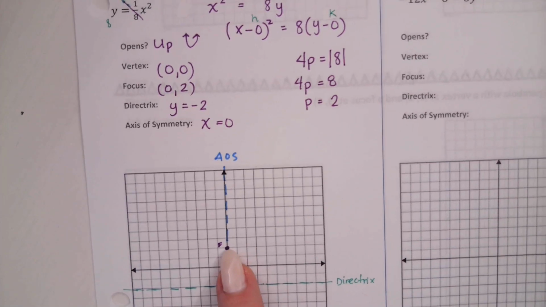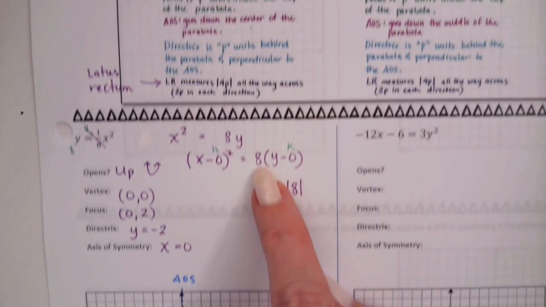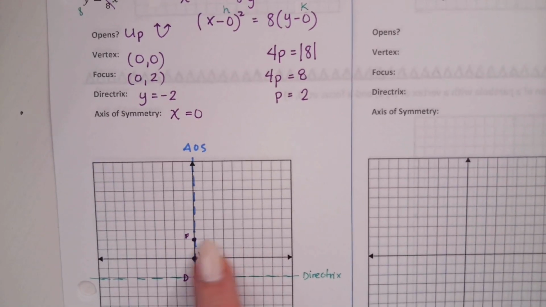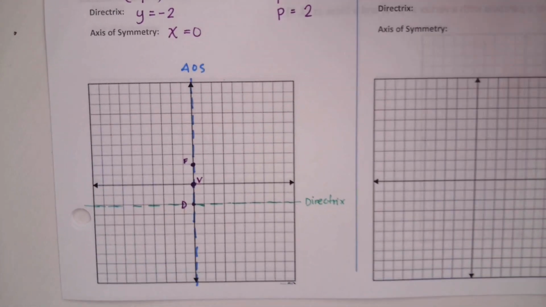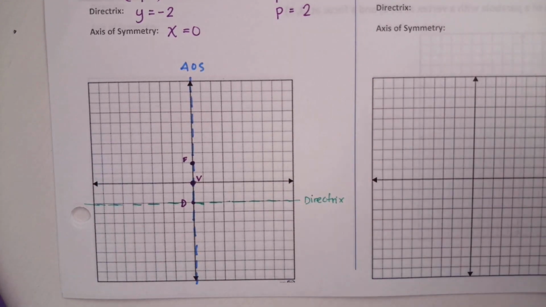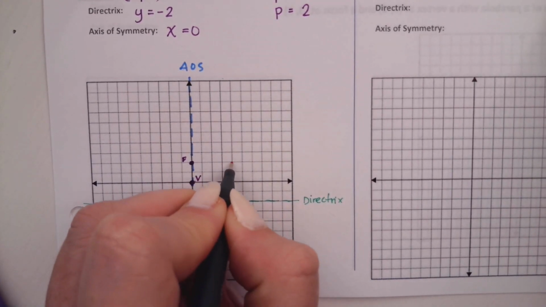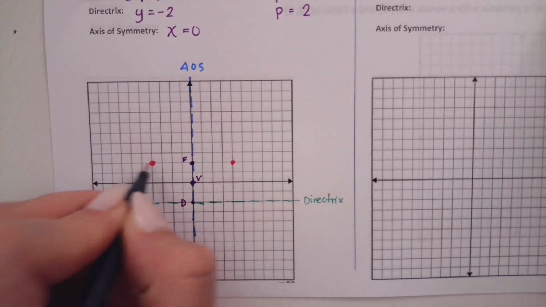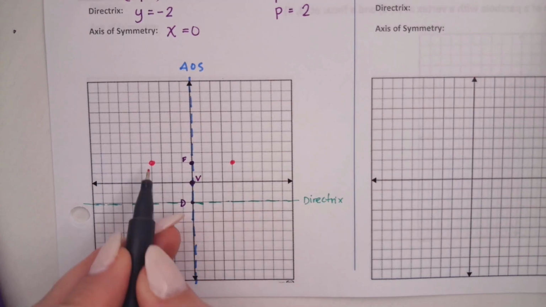So if this is my focus right here, I know it should measure 8 all the way across through the focus, which means how much in each direction? So from the focus, I'll count 4 to the right, 4 to the left, and then that should be the ends of my latus rectum.